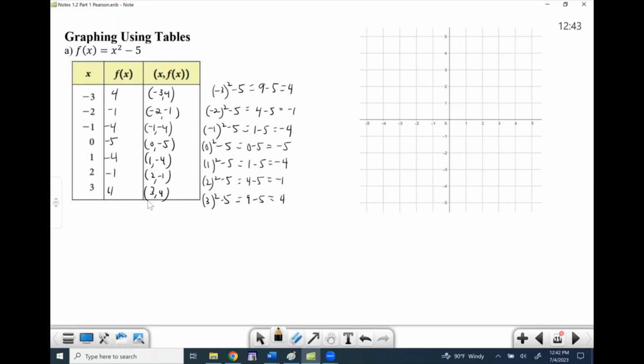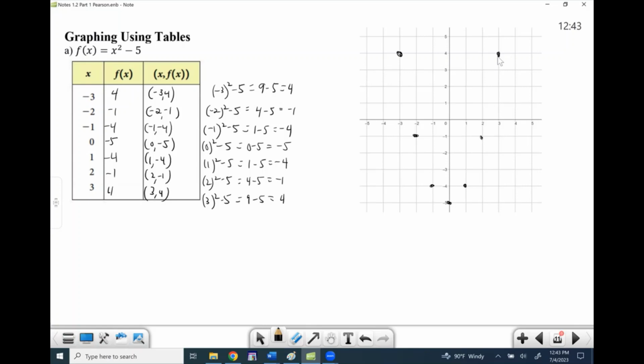All right, negative 3, 4 would be, so negative 3, then up 4. Negative 2, negative 1. Negative 1, negative 4. 0, negative 5. 1, negative 4. There's that symmetry showing now. 2, negative 1. And 3, 4.